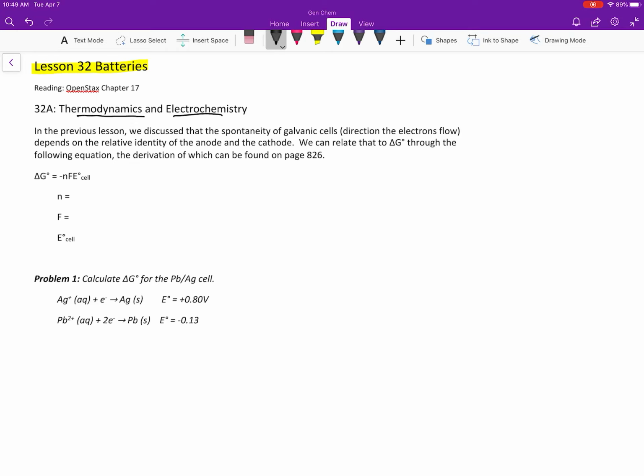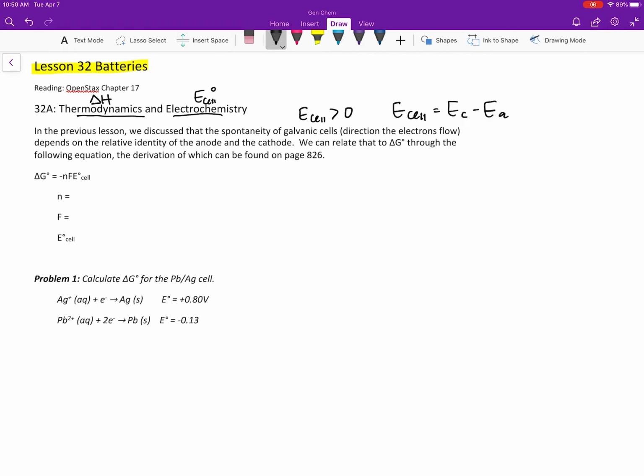Okay, so we're going to relate delta H to our E cell naught values. In the previous lesson, which would have been lesson 30, we discussed the spontaneity of galvanic cells. So when E cell is greater than 0, we said this was spontaneous, and that is going to depend on who the cathode and the anode are identified to be, because we determine E cell based on the identity.